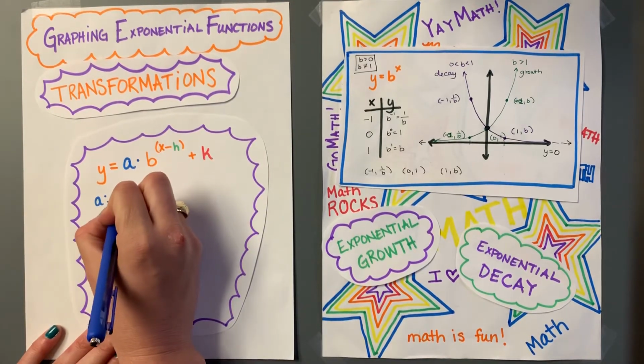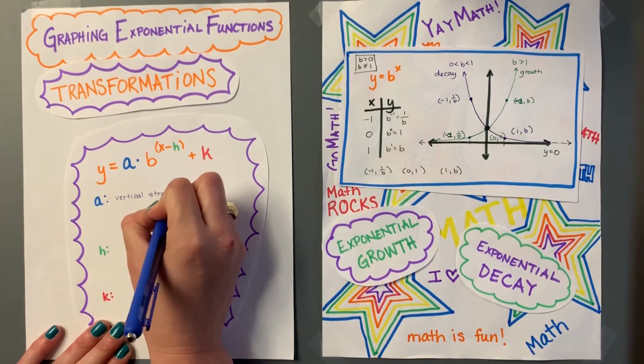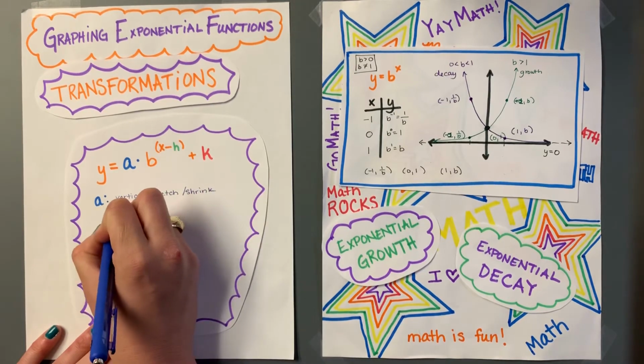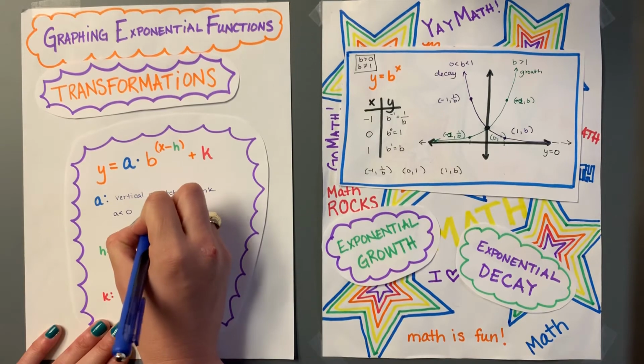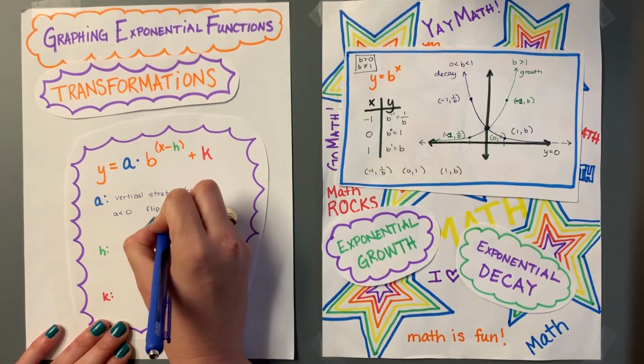A is going to be a vertical stretch or shrink. And if a is less than 0, this is going to flip our graph across the x-axis.